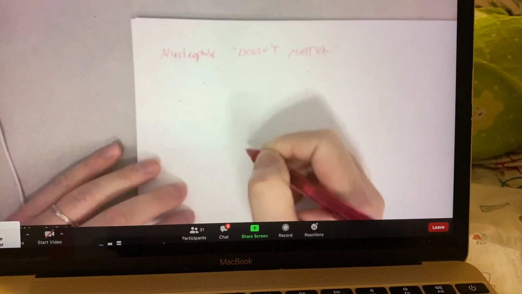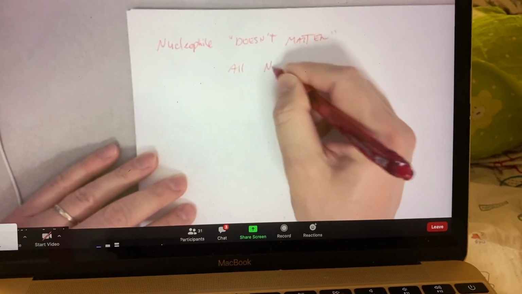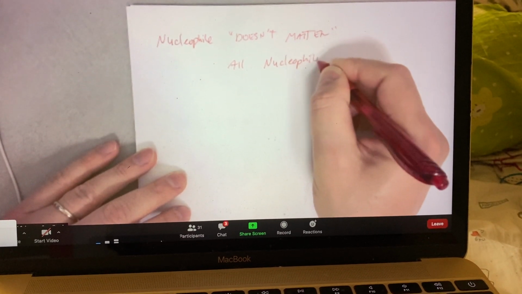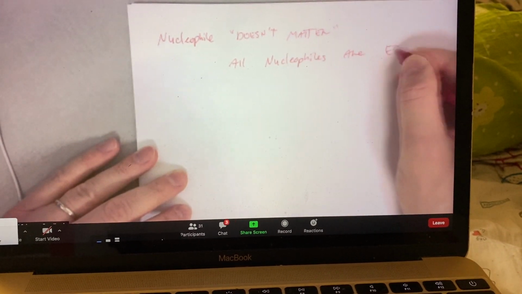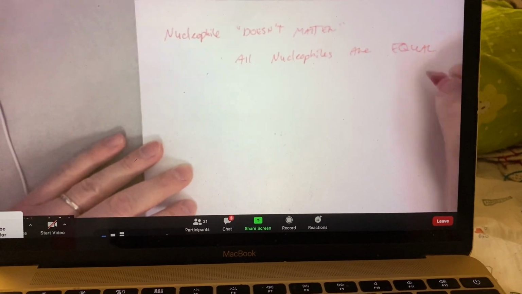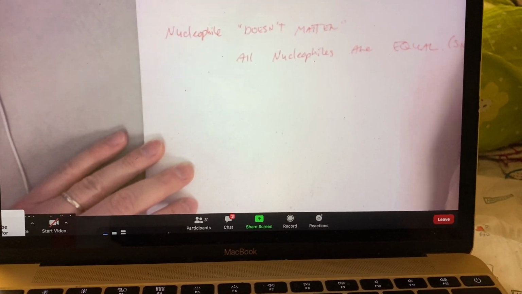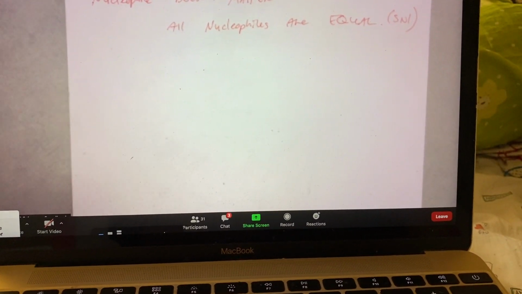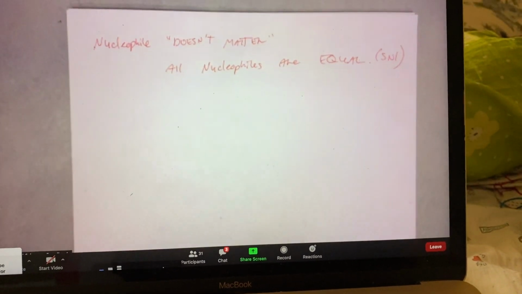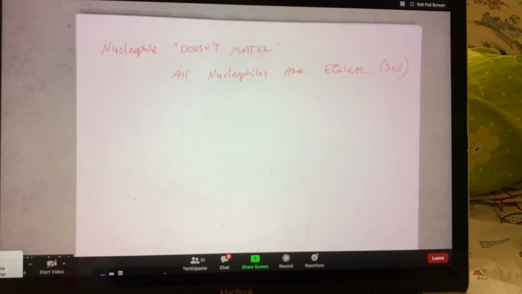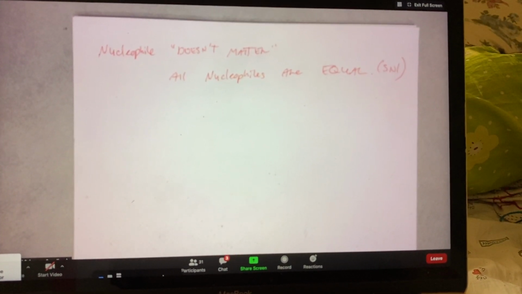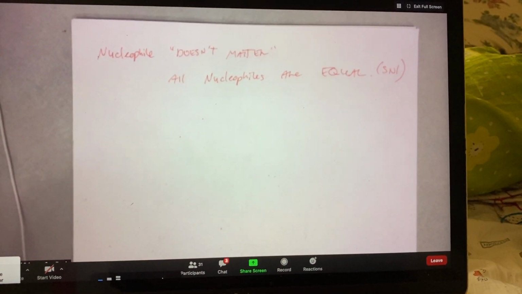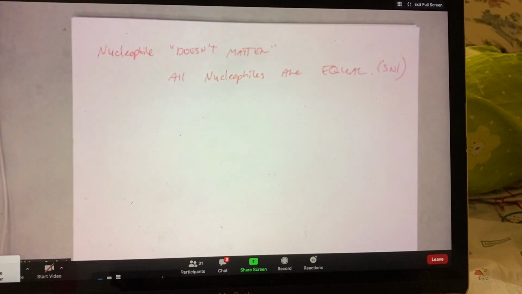Another way to say this is that all nucleophiles are equal for, obviously, SN1, which is what we're talking about. The nucleophile doesn't matter, and all nucleophiles are equal. This seems very counterintuitive because we spent a significant amount of time talking about what makes a good nucleophile for the SN2 reaction.